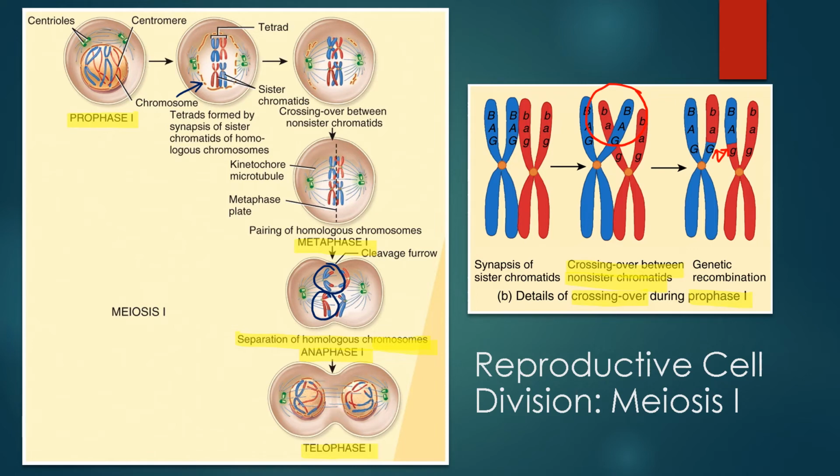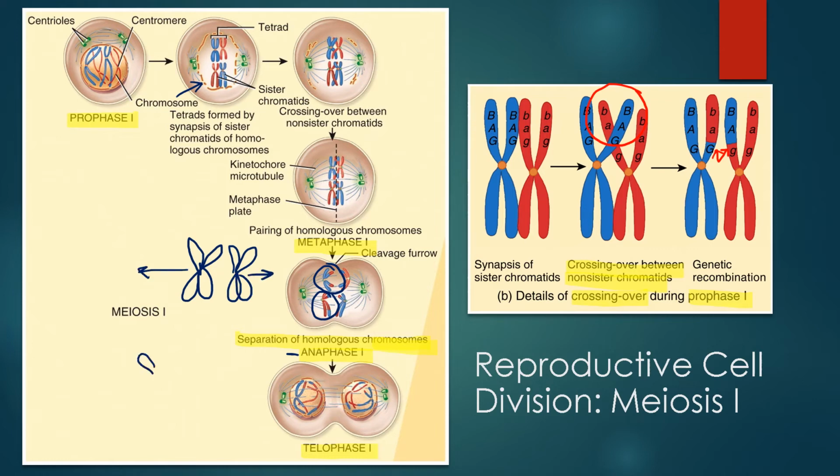This separation that we see here in anaphase 1 is actually different from mitosis. Remember, in mitosis, the centromeres will split in anaphase and the sister chromatids separate. So here we have full chromosomes, full bow tie chromosomes like this, that will actually be pulled to each individual pole. So this one goes that way and that one gets pulled that way.